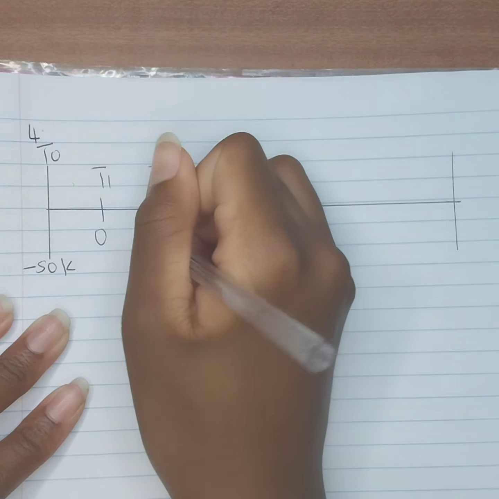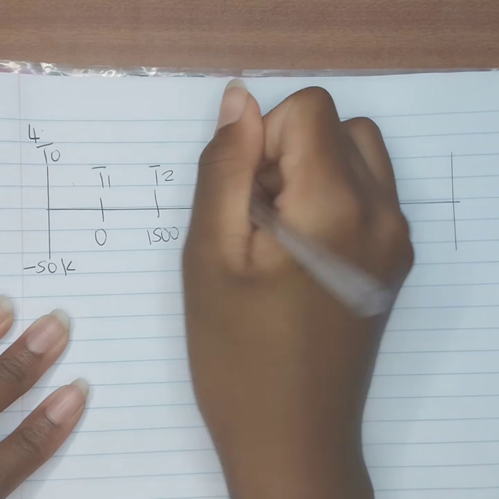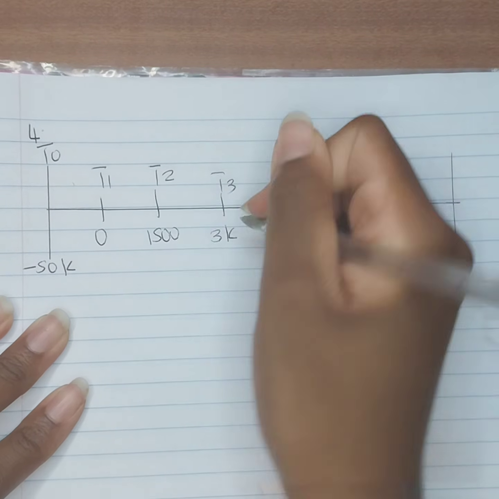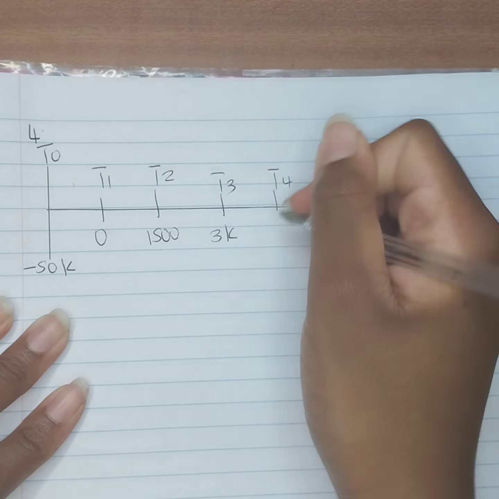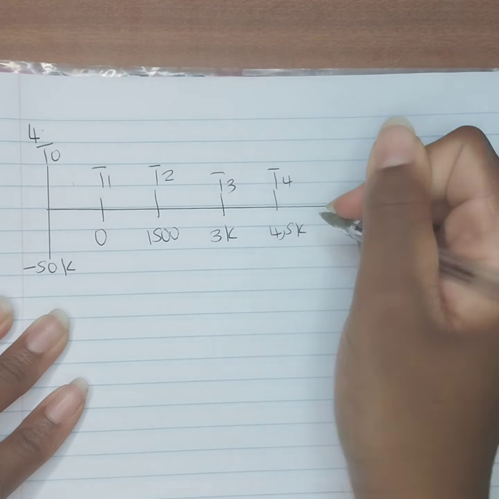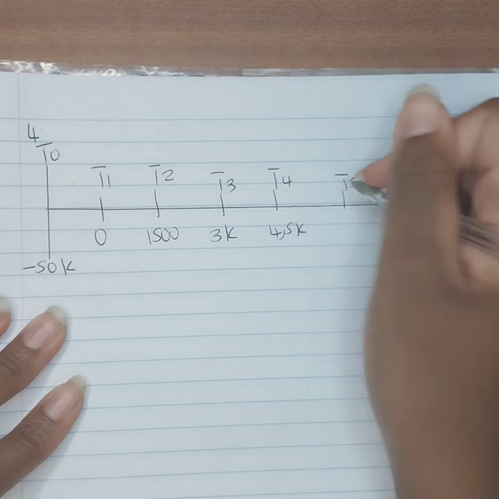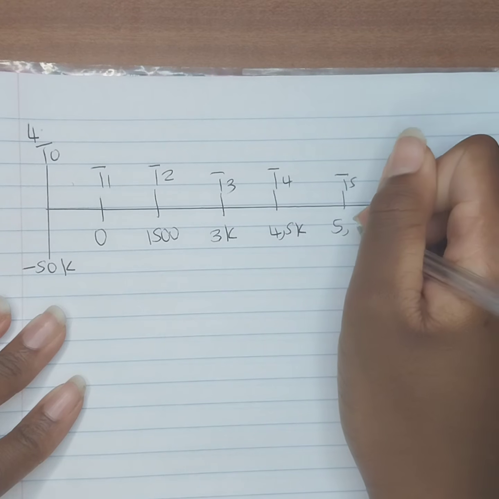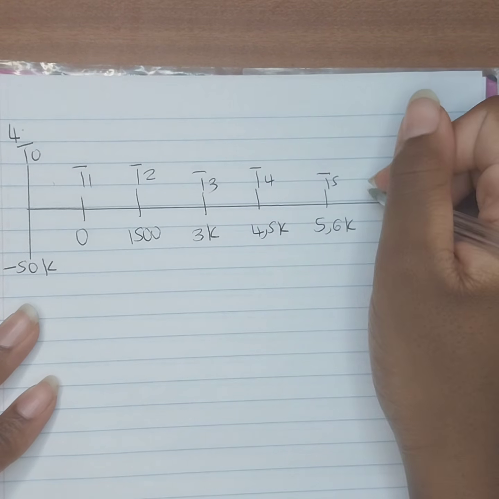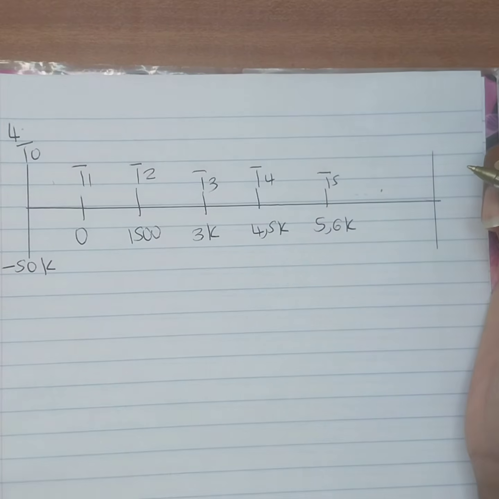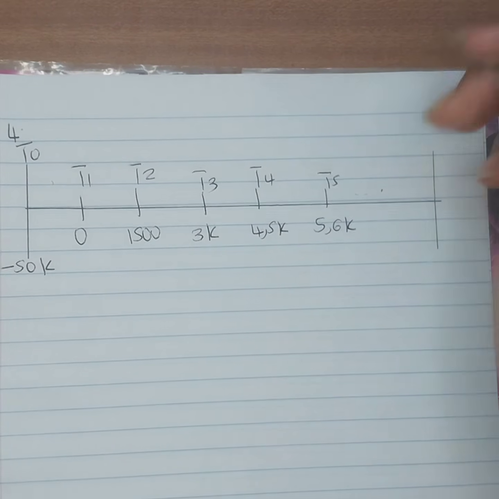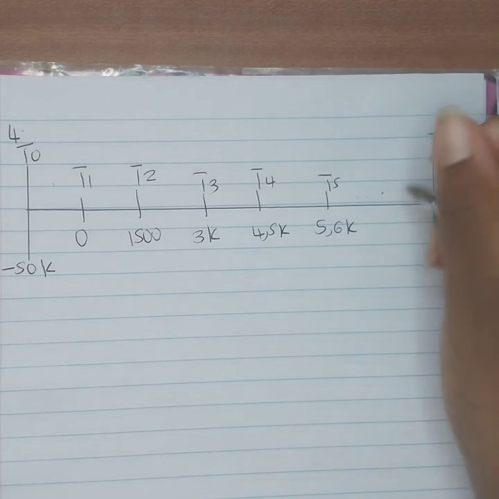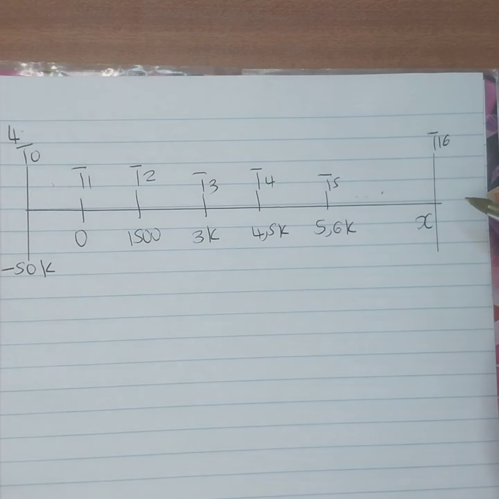T2, you have 1,500. T3, 3K. T4, 4.5K. T5, 5.6K. All the way until you get to T16, where we are looking for X, right?